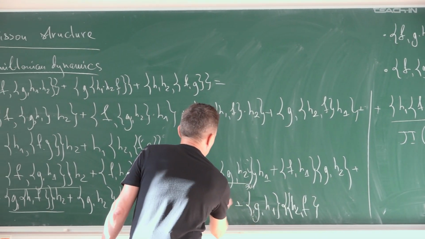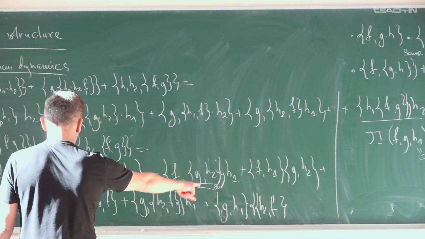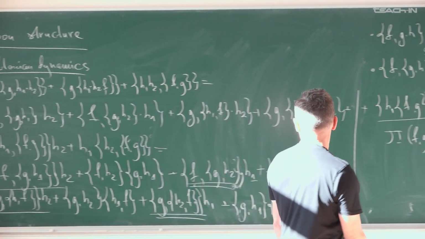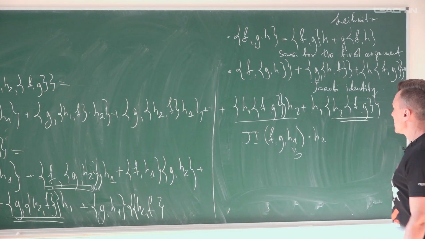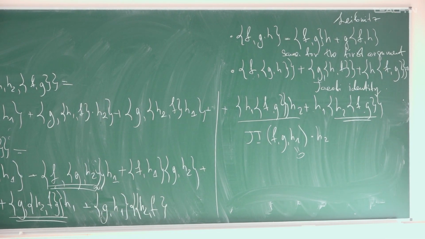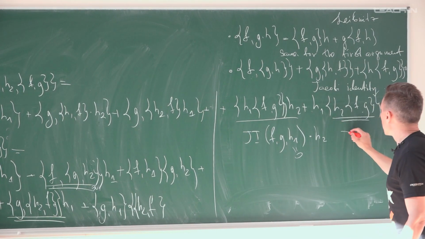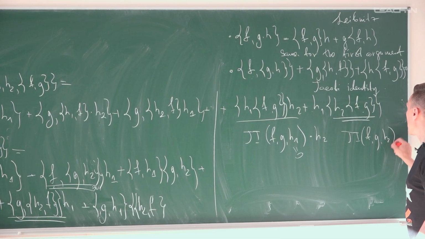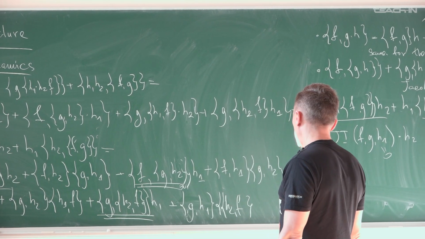The second group, f, g, h2 multiplied by h1, g, h2, f, and h2, f, g. So this group of summands is trivial by the same reason. So it is the Jacobi identity for the set of functions f, g, and h2 multiplied by h1.